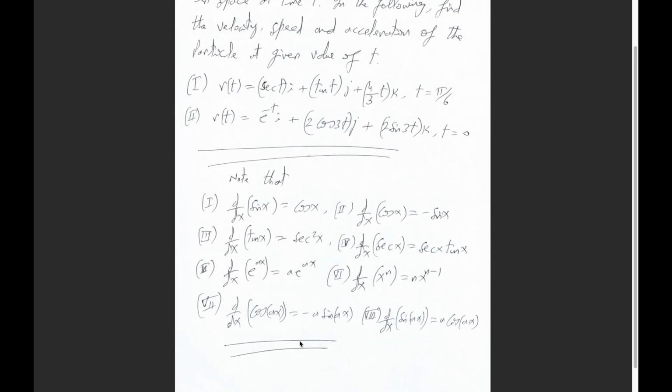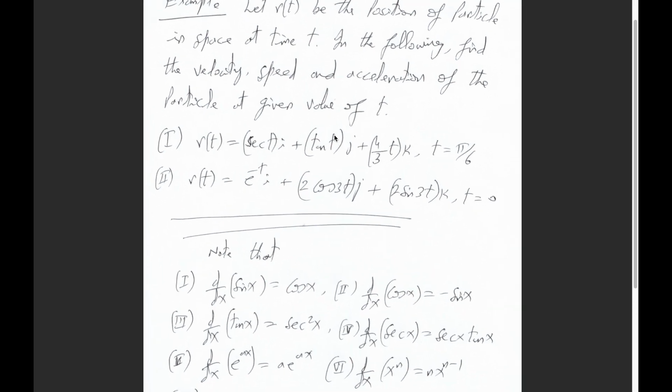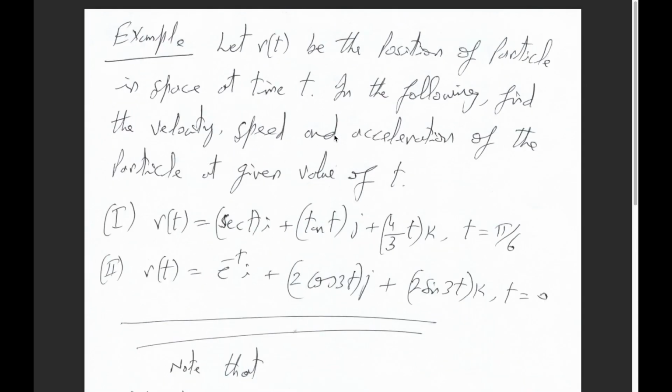Now what we can do, I will write here another example, but this example will be your homework. It is the same idea. Let r(t) be the position of a particle in space at time t. In the following, find the velocity, speed, and acceleration of the particle at the given value of t.